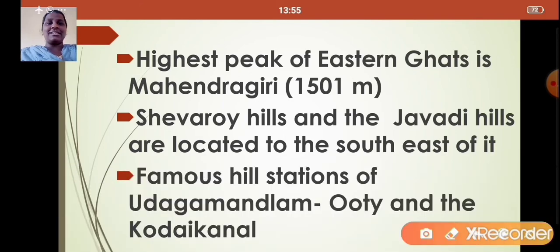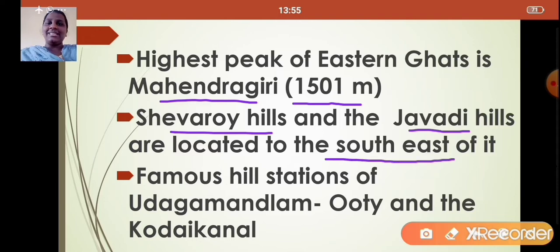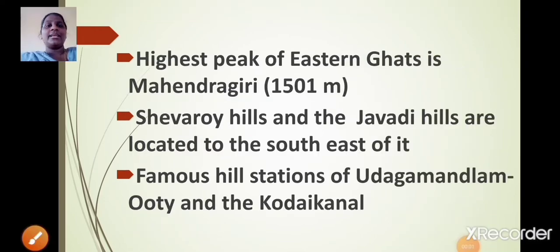Highest peak of Eastern Ghats is Mahendragiri, and its elevation is 1501 meter. Shevarai Hills and the Javadi Hills are located to the southeast of Eastern Ghats. The famous hill stations of Udagamandalam, popularly known as Ooty and the Kodaikanal.